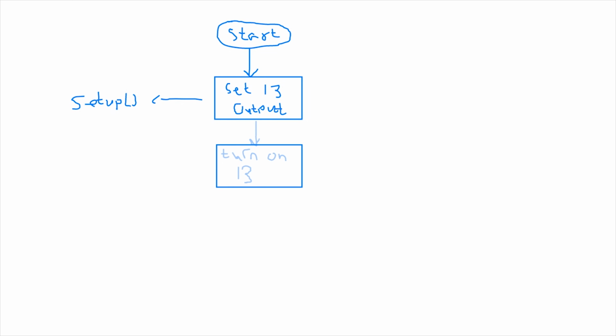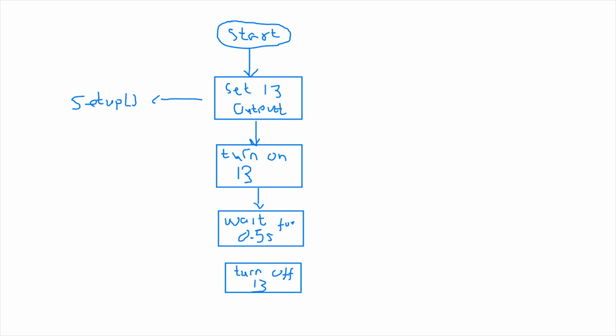Once we turn on pin 13, we want to wait. One second, no, half a second is enough. So we wait for half a second, which is 500 milliseconds. That's enough. Then we move to the next step and turn off the LED.